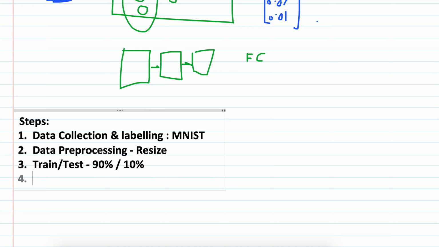Then once we are done with the pre-processing and data preparation stages, we need to build our model. So here we will just set up layers, like we need to define how many layers we want in our network.